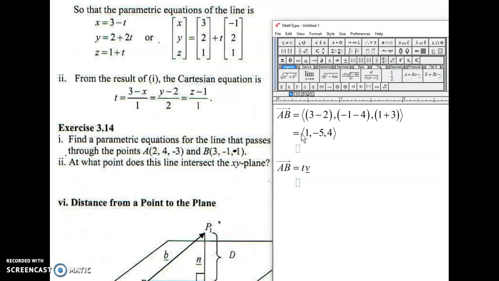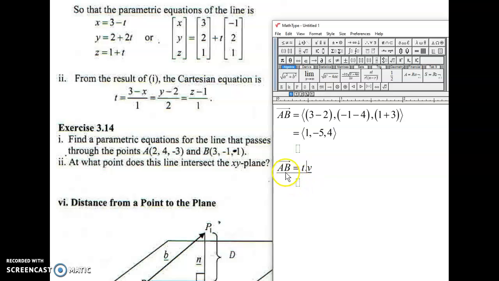So the next task is to find the vector that is parallel to it. This is the concept of parallel vector, where vector AB is equal to vector V multiplied by any scalar, right? This also indicates that they go in the same direction, but might be of a different length.